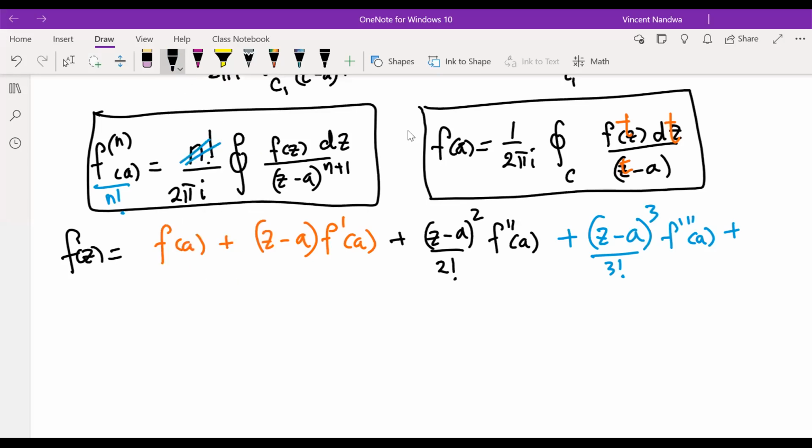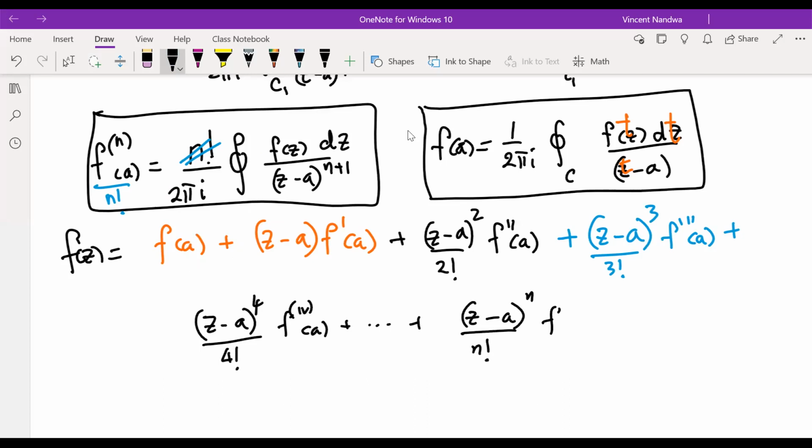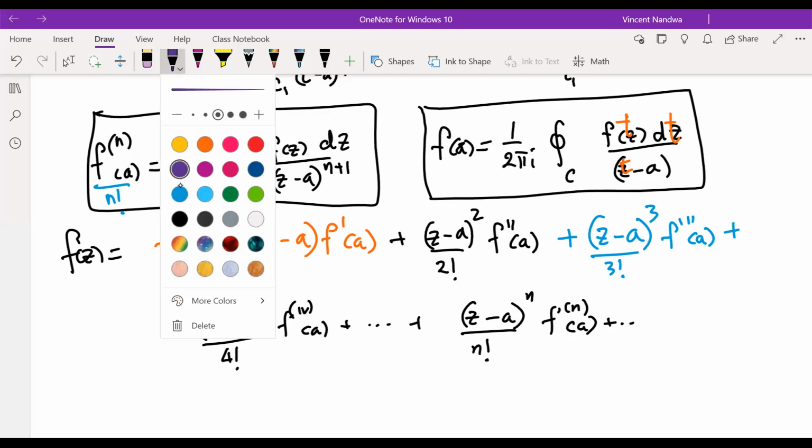So plus z minus a power 4 over 4 factorial, fourth derivative at a, all the way plus z minus a power n over n factorial, nth derivative at a, plus other terms. So this is what we call the Taylor series.